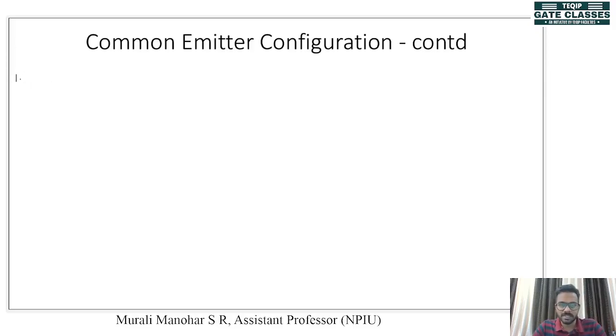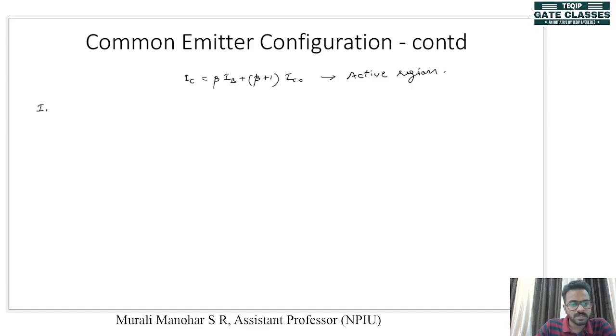I will explain the first method now, and after that we'll go for the second method. So before we go there, we know that IC is equal to beta IB plus beta plus 1 ICO, but this condition is valid only in the active region.